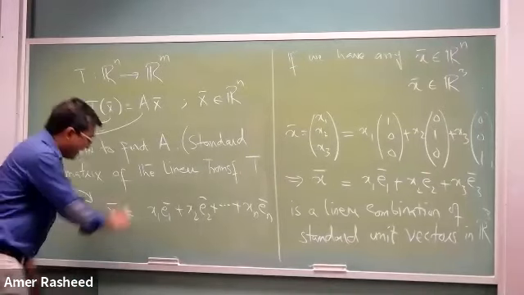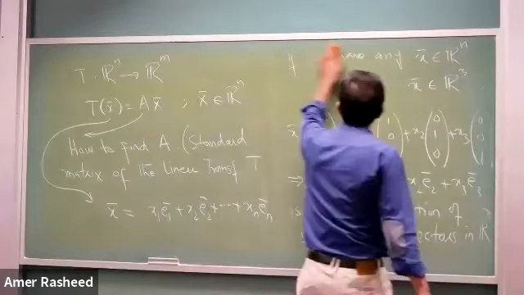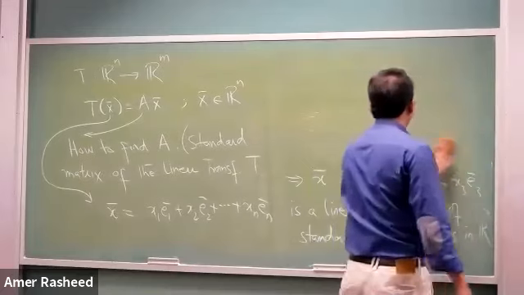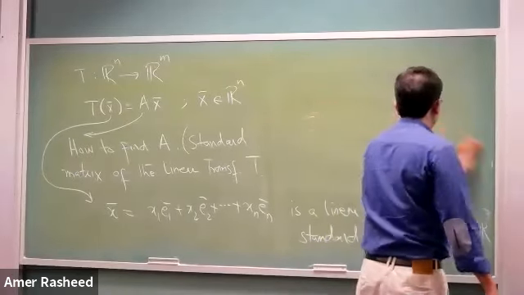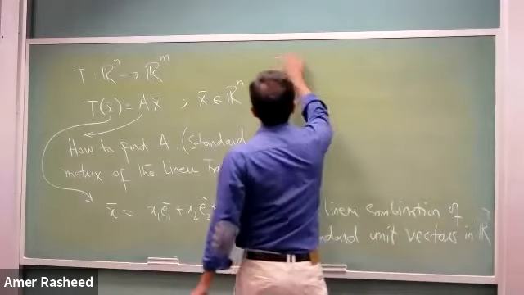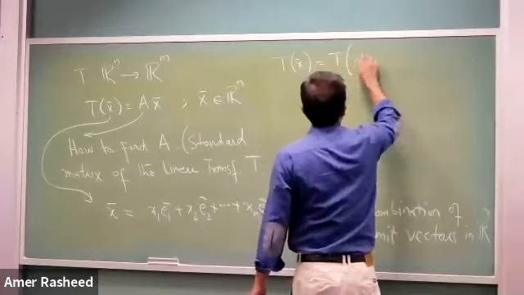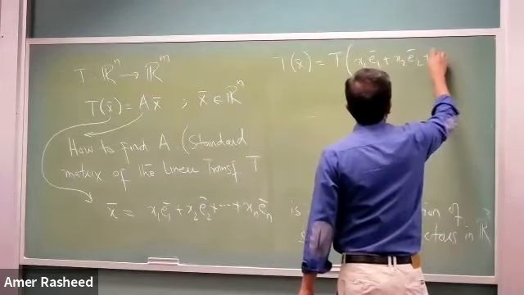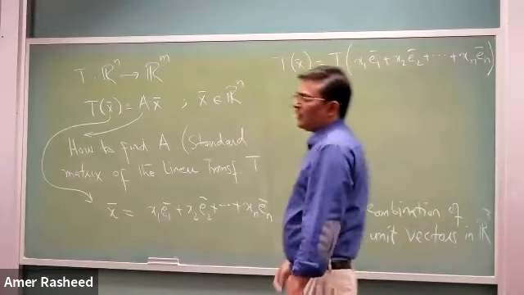Now, after writing this, we can apply the linear transformation T on both sides. T of x is equal to T of x1 e1 plus x2 e2 plus so on plus xn en. We apply that transformation on both sides.